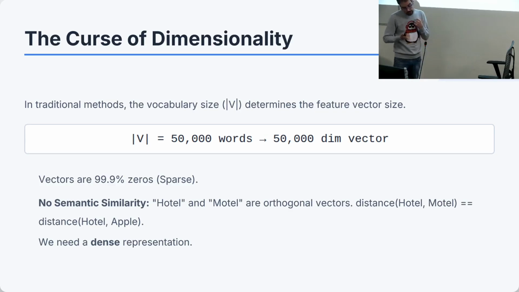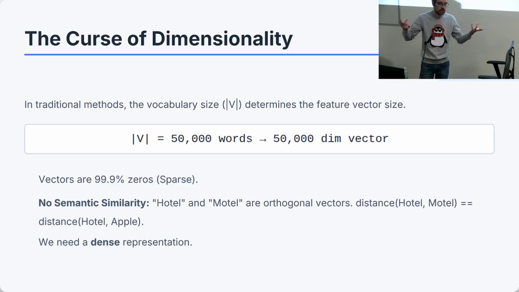A first issue that we already mentioned, and probably one of the most important ones, is the so-called curse of dimensionality. In all the methods that we have seen, the size of the vocabulary, so the size of the tokens included in the language we want to model, determines the size of our representation.